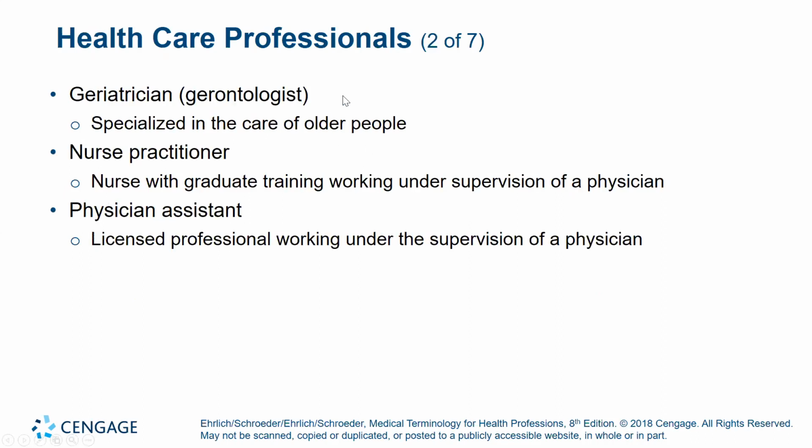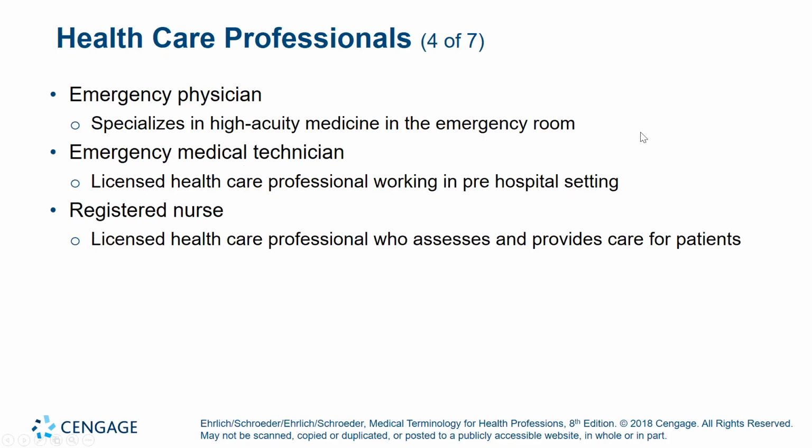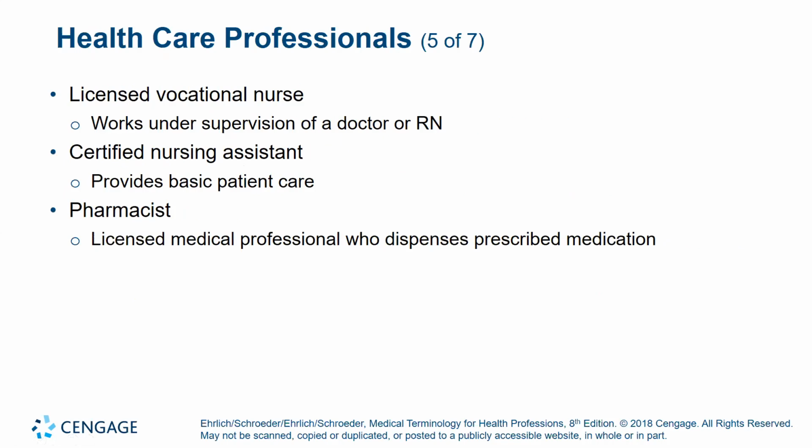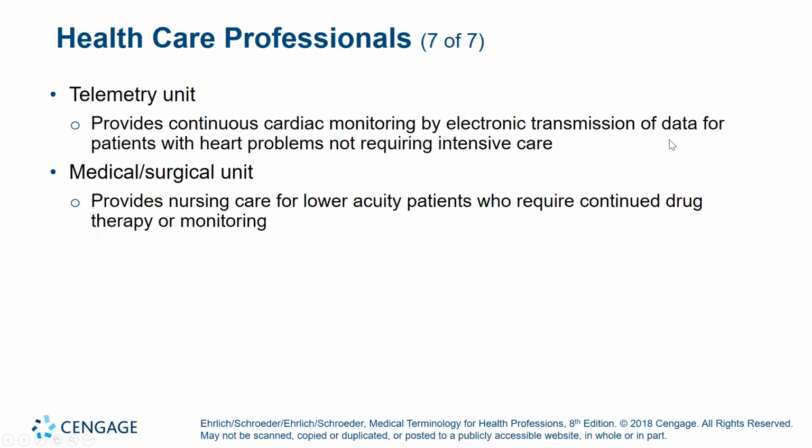Here we have a geriatrician, specializing in the care of older people, nurse practitioner, physician assistant, medical receptionist, medical assistant, medical coder, emergency physician, emergency medical technician, registered nurse, licensed vocational nurse, certified nursing assistant, pharmacist, intensive care unit, intensivist, hospitalist, telemetry unit, and medical surgical unit. So you can see they've got several different healthcare professionals within this area.